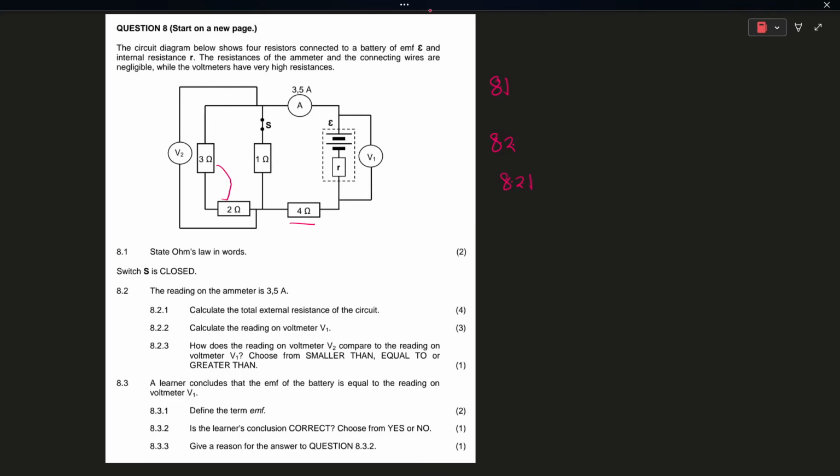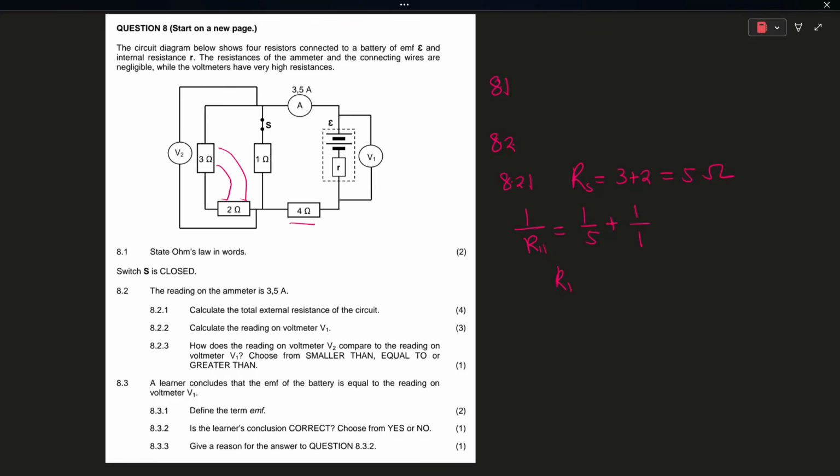So the first thing that you're going to do, you will say R series. You add 3 plus 2 to give you 5 ohm. Okay. And then now you go to R parallel. R parallel, 1 over 5, this 5 which we have here, plus 1 over 1.